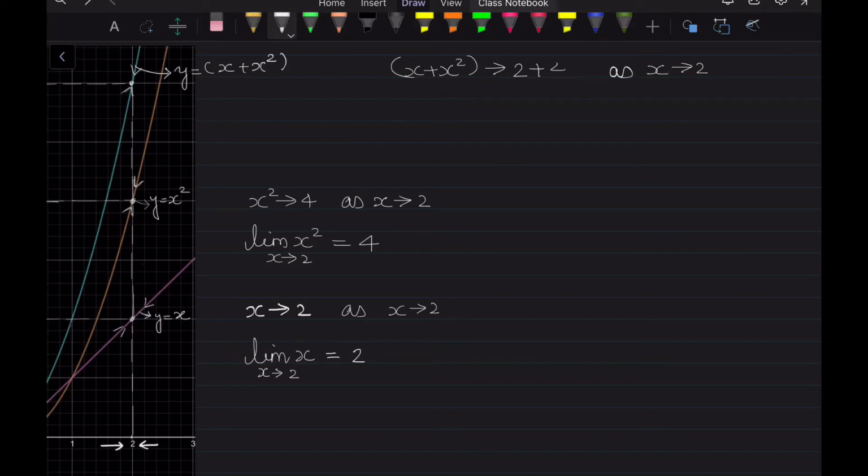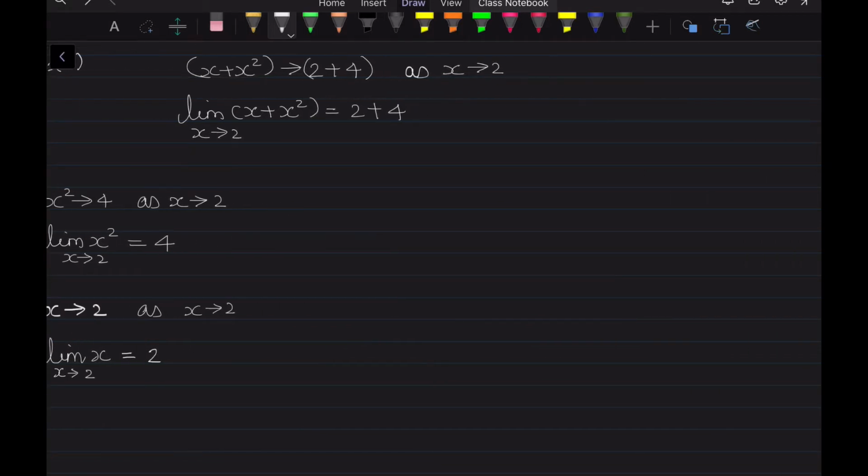2 plus 4. Now, what is the meaning of this statement? This statement means that this 2 plus 4, that is 6, is the limit of this function x plus x square as x approaches 2. So, we write it symbolically as limit of x plus x square as x approaches 2 is equal to 2 plus 4.